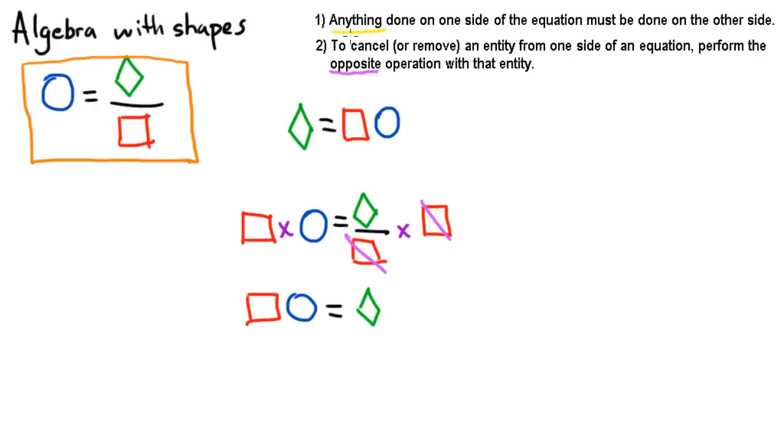Students are like, well, it says can I flip this? Can I say green diamond equals blue circle times red square? Absolutely. We know multiplication is commutative, and so if I wanted to, I could also say green diamond equals blue circle times red square.